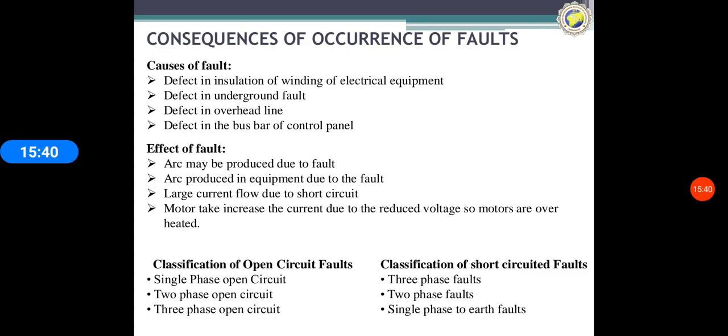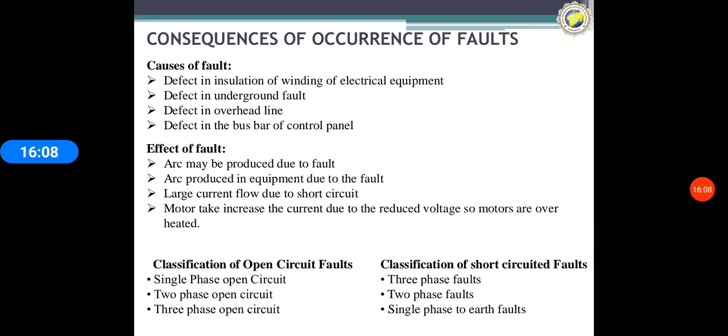So in the overhead line system, if a fault occurs, the conductor is grounded and a line to ground fault occurs, as a result of the insulation getting punctured or a crack on the insulators.